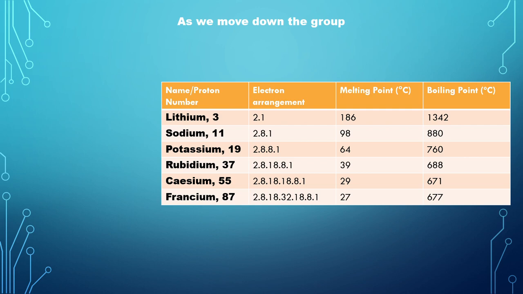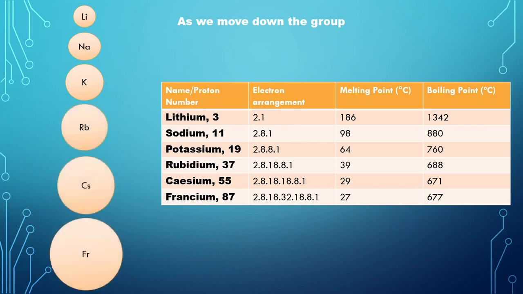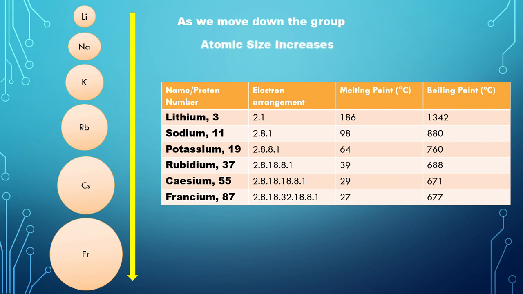Moving on, let's see the differences in physical properties of the elements as we move down the Group 1 elements. The first point to be noted is that the atomic size increases because the relative atomic mass increases. One point to be noted again is that each of these first group elements has 1 valence electron, and this can be seen in their electron arrangement as we move down this table column.